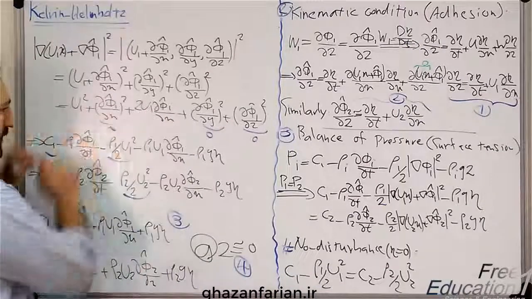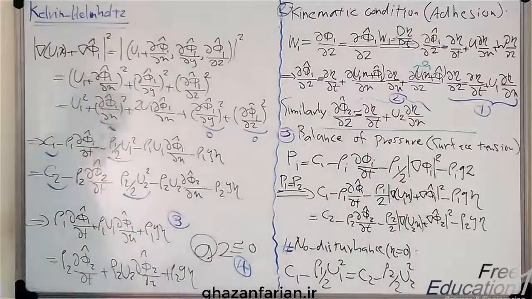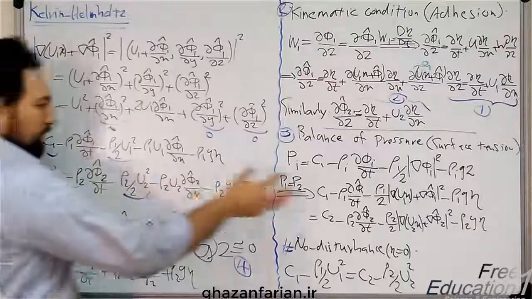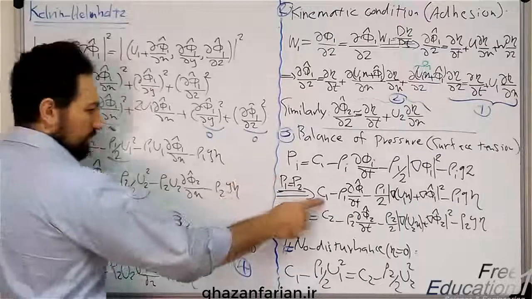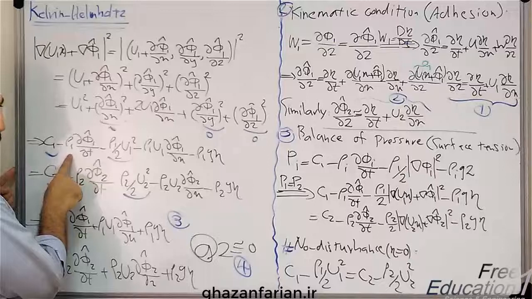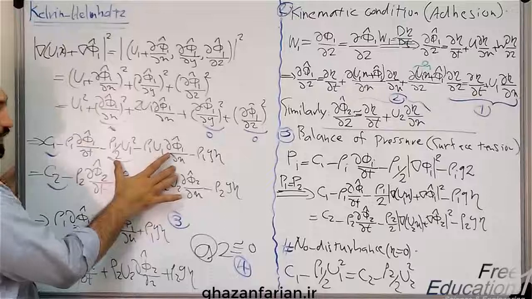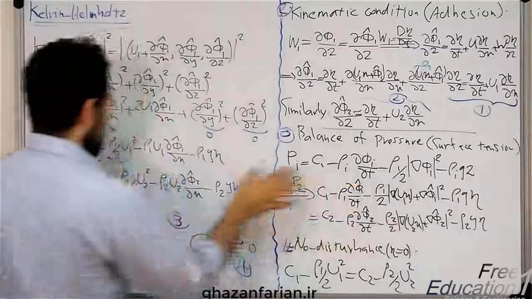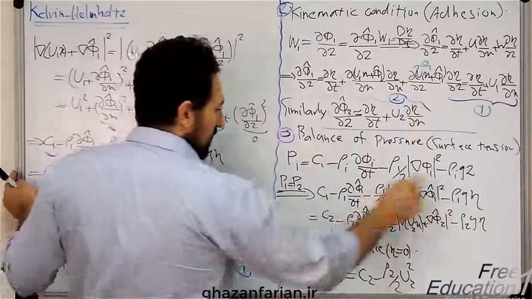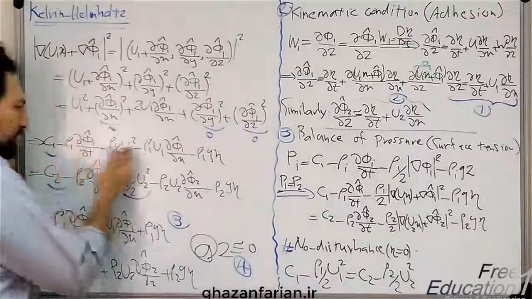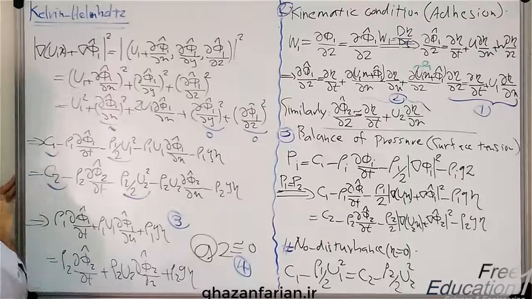So just keep these terms and replace them in the balance of pressure using Bernoulli's equation. Copy and paste the balance of pressure here, but this is the constant of Bernoulli's equation C1. This is the time term, and we have 2 new terms here because I replaced the nonlinear term with the linearized version, and the last term is again identical to the last term here. This is P1, and the second side of the equality is P2.